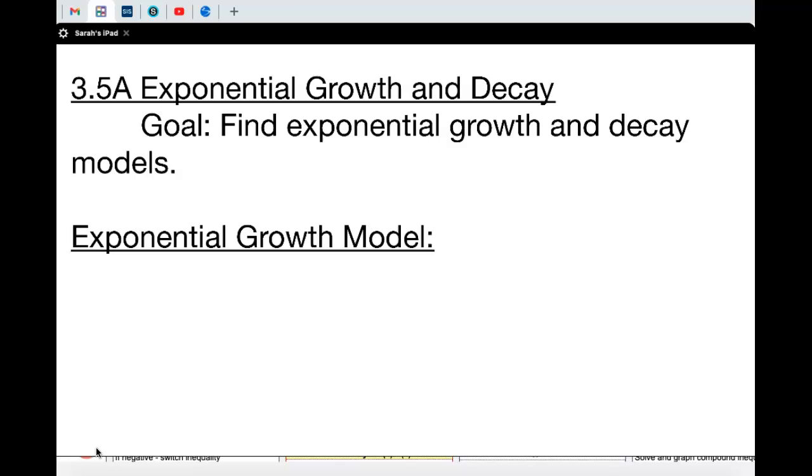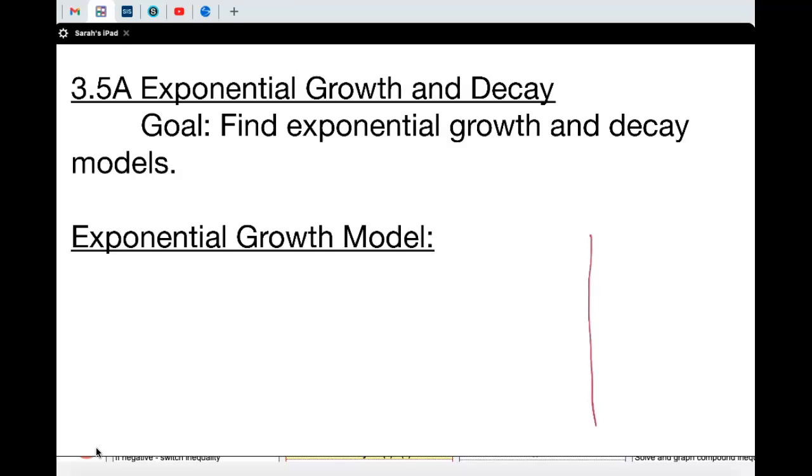So, here we go. Does anybody remember what we know about exponential growth models and exponential decay models? What does it look like? What's the equations? What's happening? Okay, exponential growth, we are increasing.